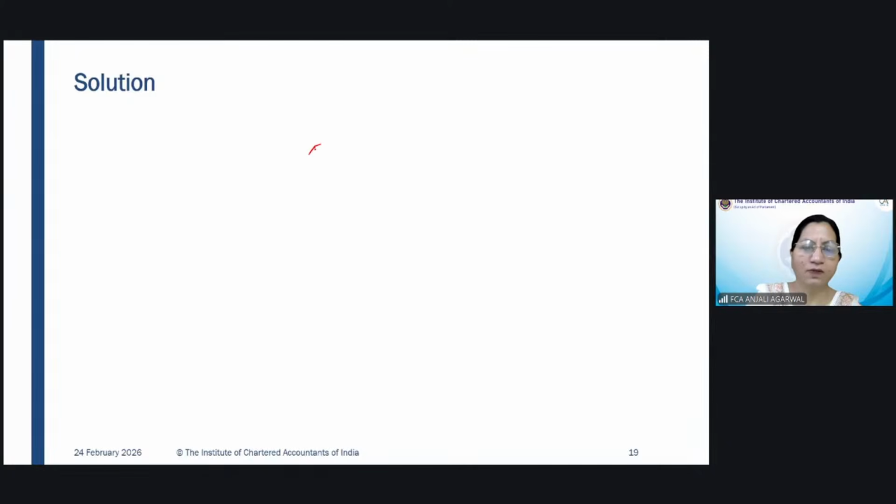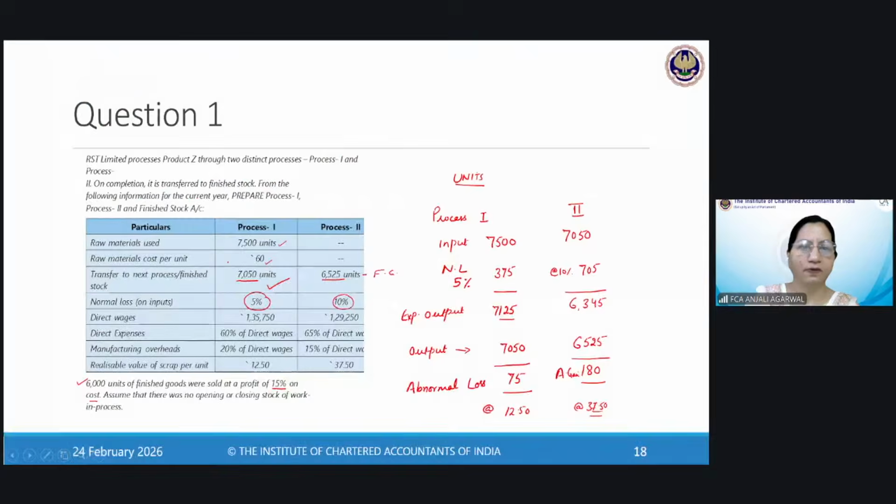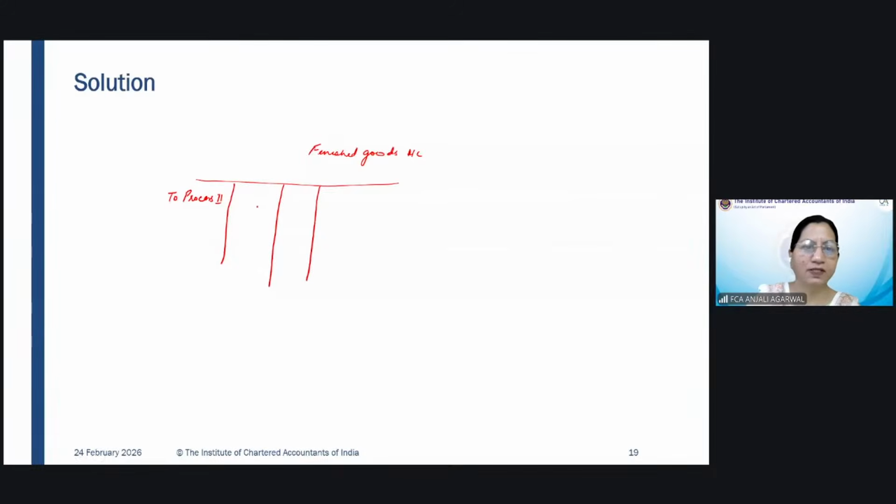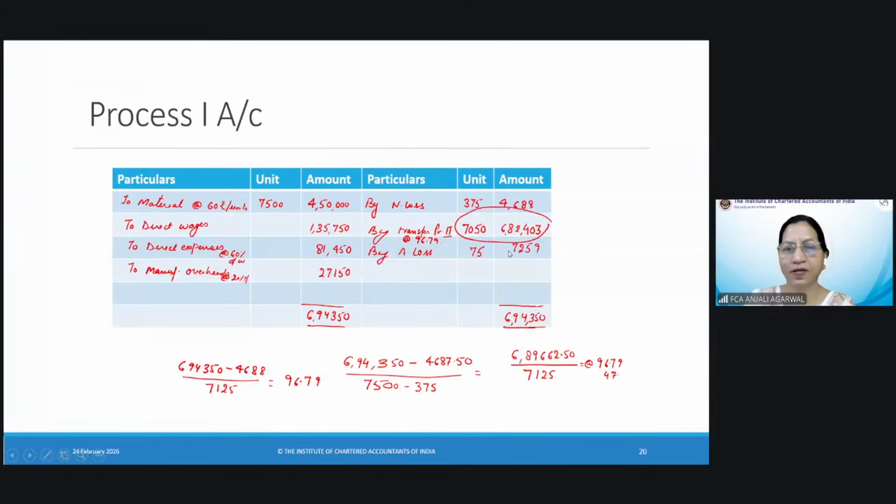So finished goods account, to process, 6525 units, 913824.